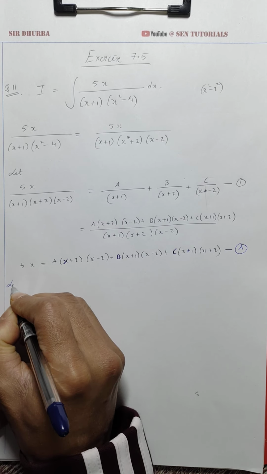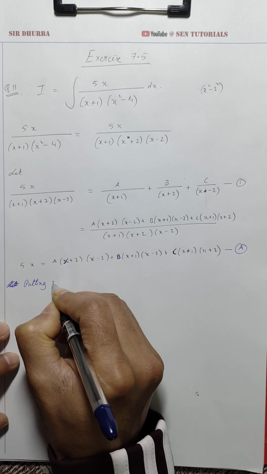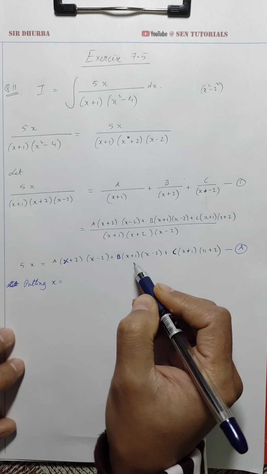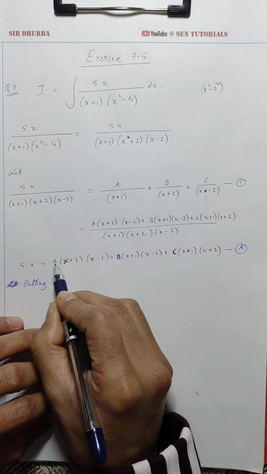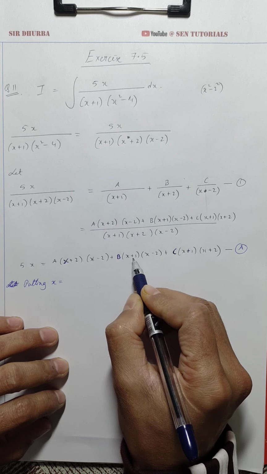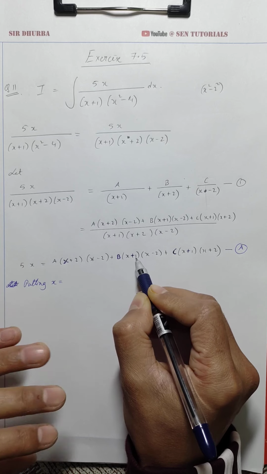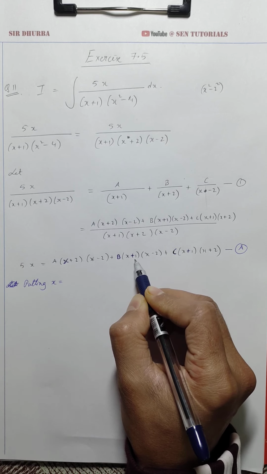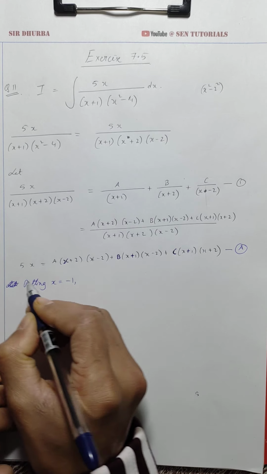So let's say putting x equal to, so what I'll do here is, if I want to find out the term a, I can just make these terms b and c disappear by putting a particular value of x. If I put x equal to minus 1, you see what happens.